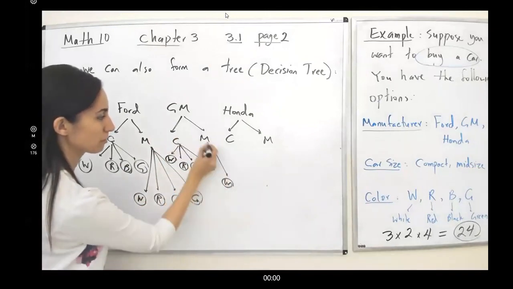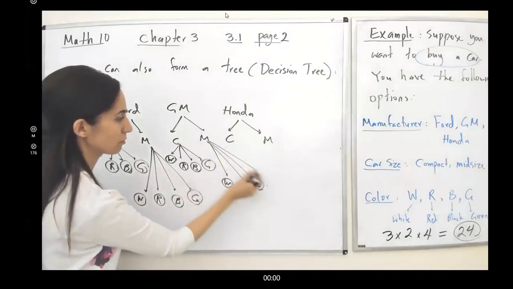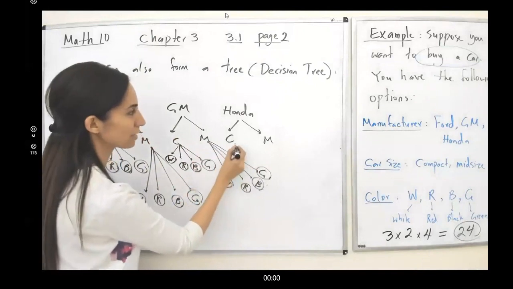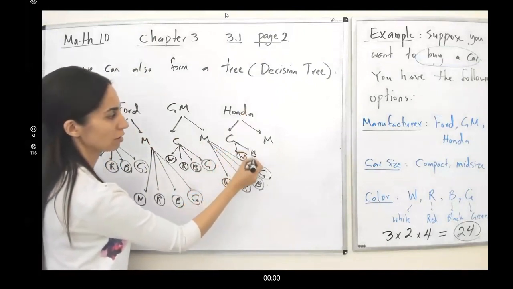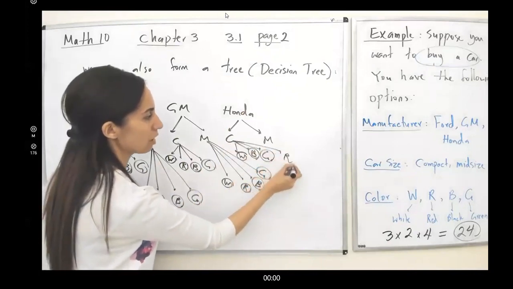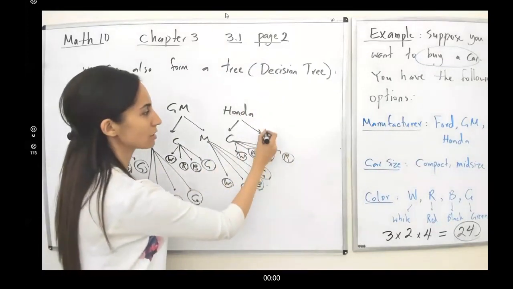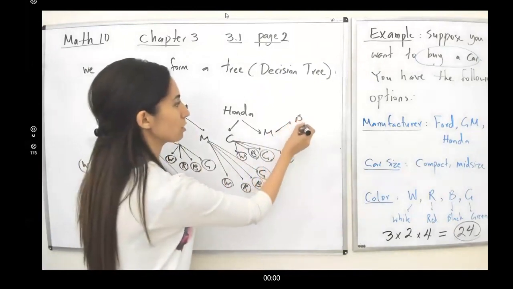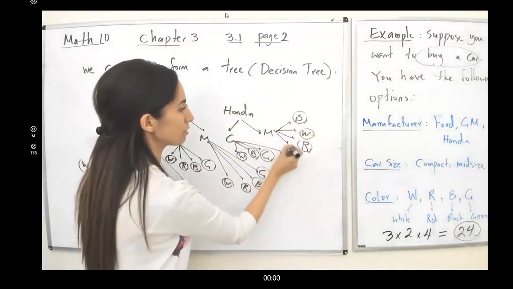And for compact size Honda, you have white, black, green, and red. And you have the same for the mid-size. Of course, Honda has mid-size cars, and all of them are coming in different colors. So the black one, the white one, the red one, and the green one.